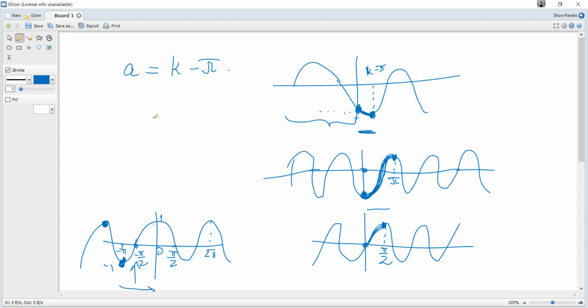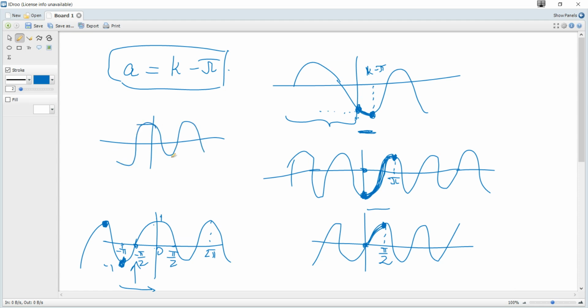And it's the necessary answer, and when k is 2 pi, it will be just usual cosine again. So this point becomes here.